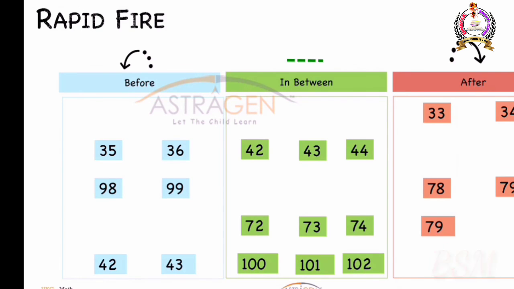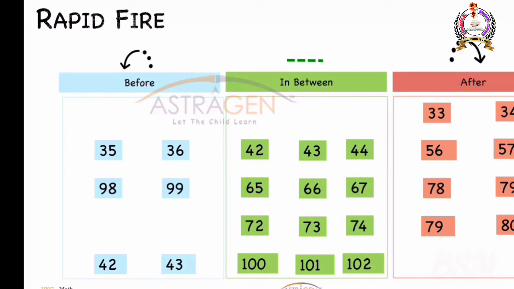What comes after 79? 80. What comes in between 65 and 67? 66. What comes after 56? 57. What comes before 15? 14. What comes after 0? The number 1. Very good.